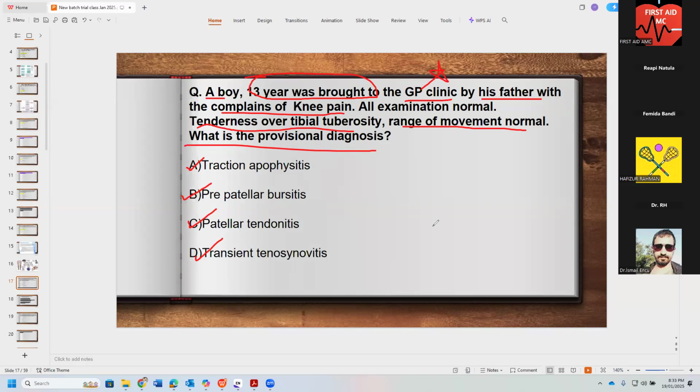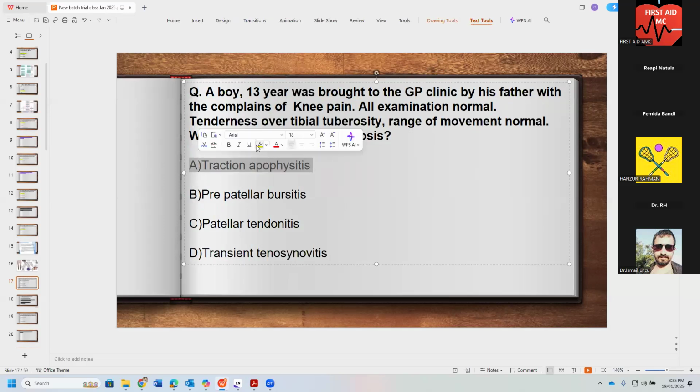Growing pains don't cause any tenderness when we press the bone. Osgood-Schlatter syndrome. The other name for Osgood-Schlatter syndrome is traction epiphysitis. Very good, guys. So this is Osgood-Schlatter syndrome.